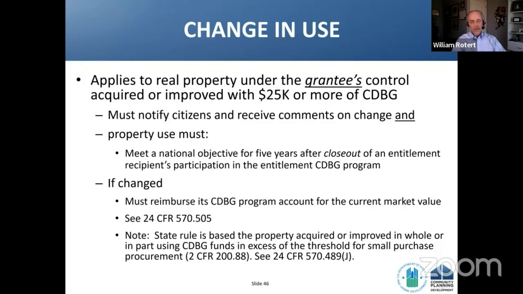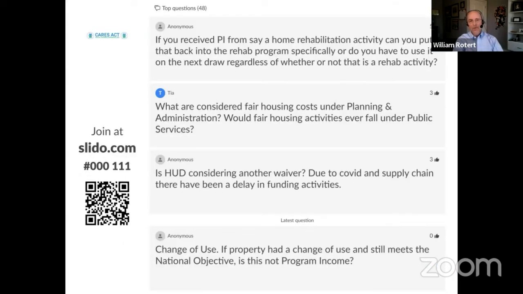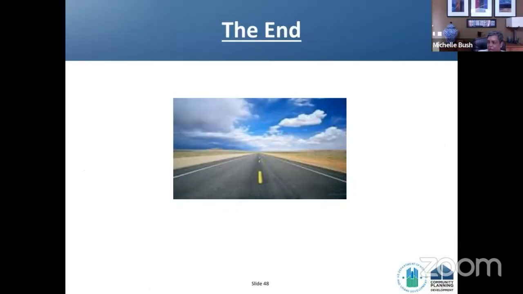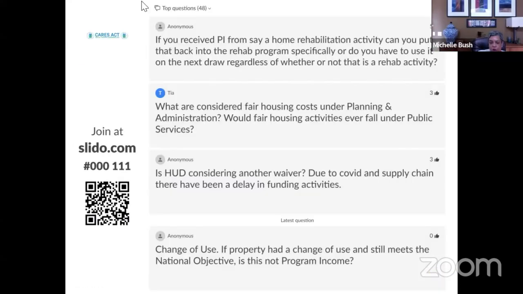So I think that's the last slide that we have, and we can now open it up to any questions or comments that people might have. There's about 40 questions, and I think we are really almost at our time limit. So what is the protocol if we're not able to answer all the questions? Can you answer that, Dion?